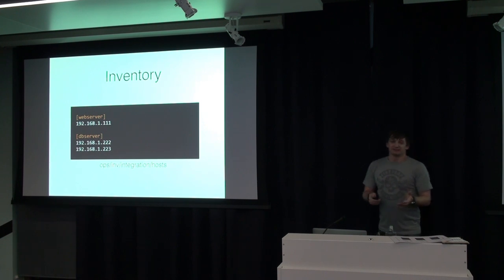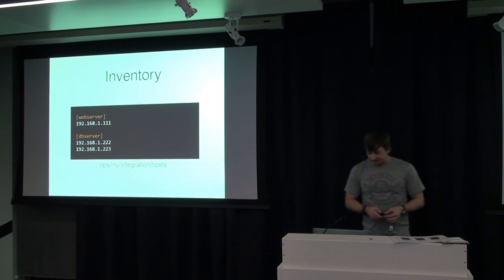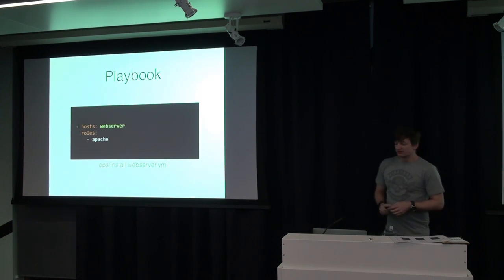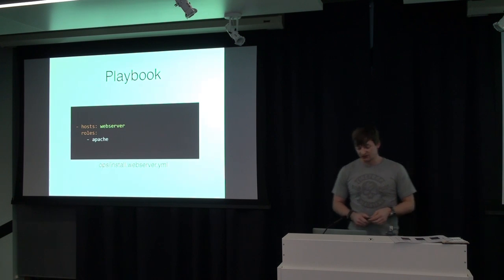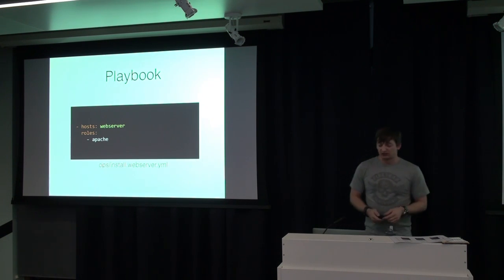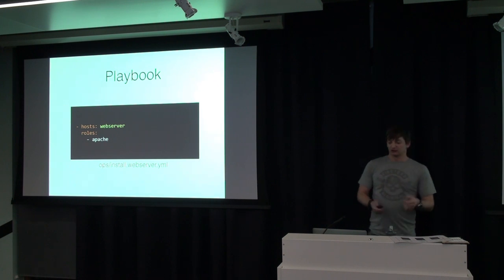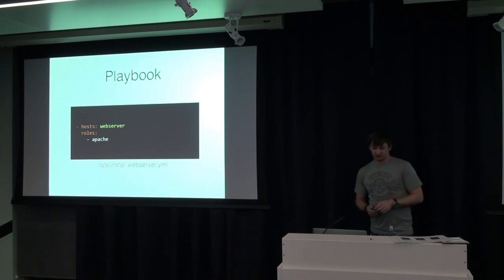But this defines basically where you want to execute your Ansible configuration stuff. Then we do our playbook. In this case, we want to execute our playbook on our web server group, and we want to run the role Apache to install the Apache web server.